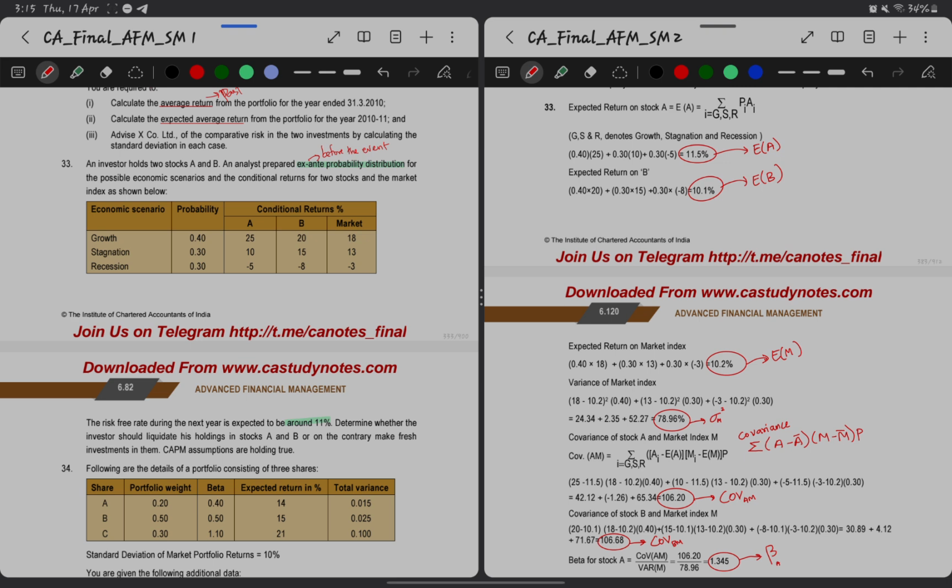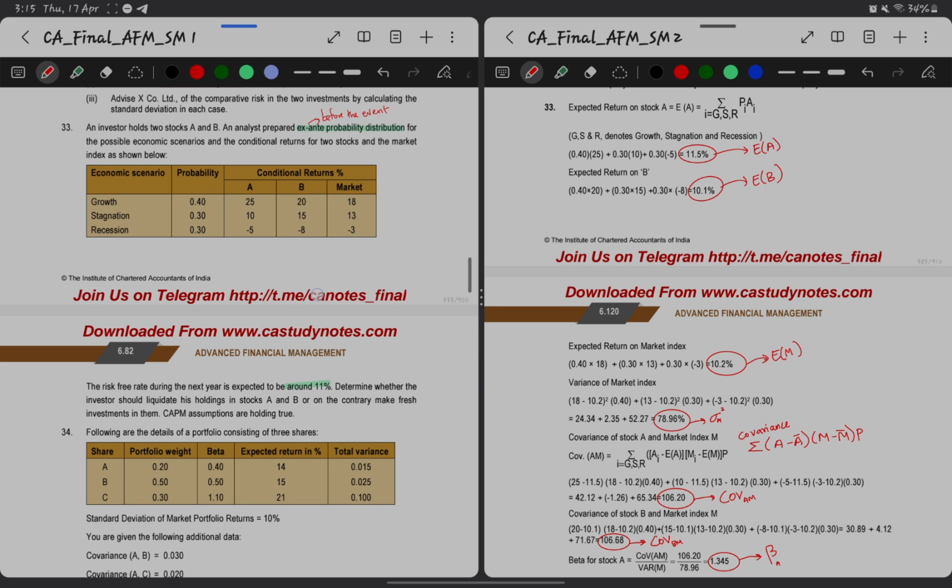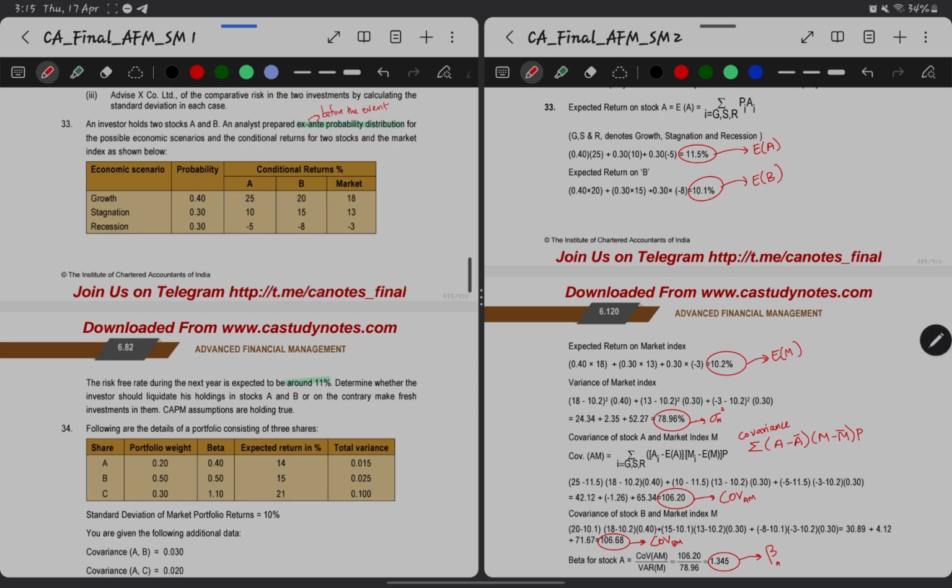For that we need CAPM expected return and the normal expected return. So the expected return based on the analyst, if we calculate, we have to just multiply with the probabilities to get the expected return.